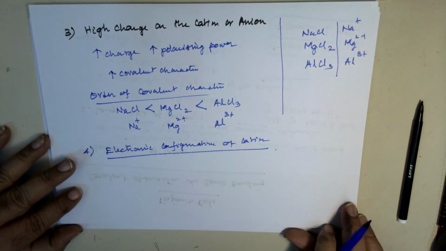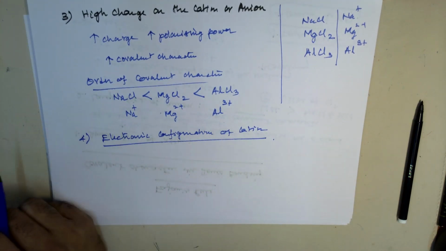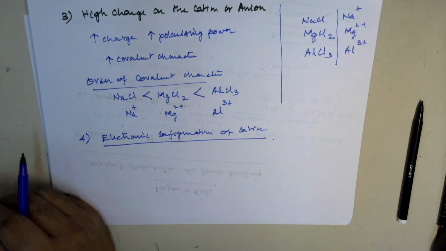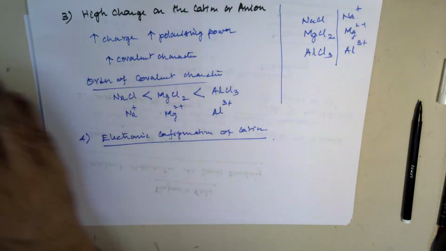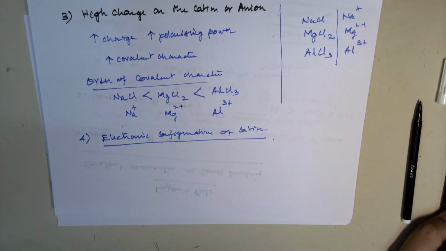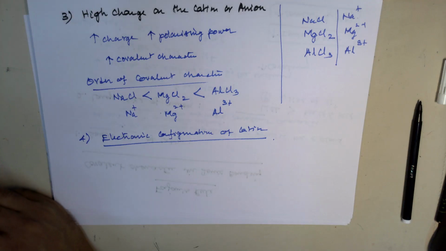Electronic configuration of the cation. Let me consider two cations having the same size and charge.